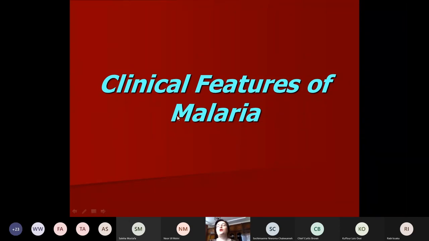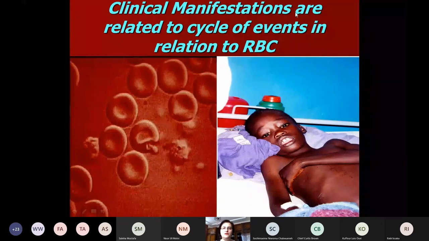With the rupturing of erythrocytes and the release of merozoites, the clinical manifestations will start. You see the cycle of events in relation to red blood cells.